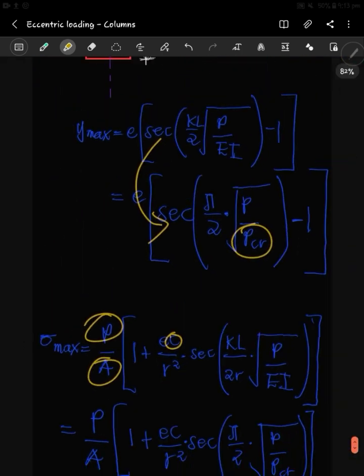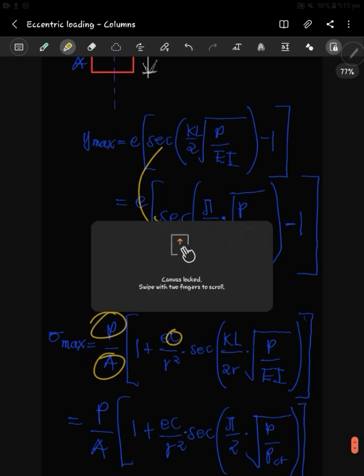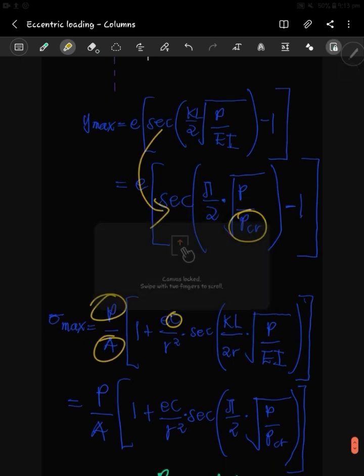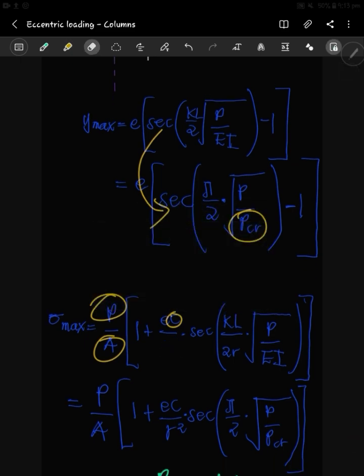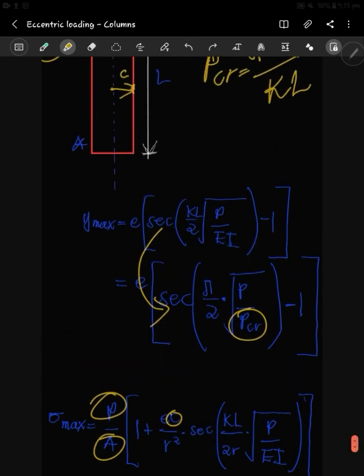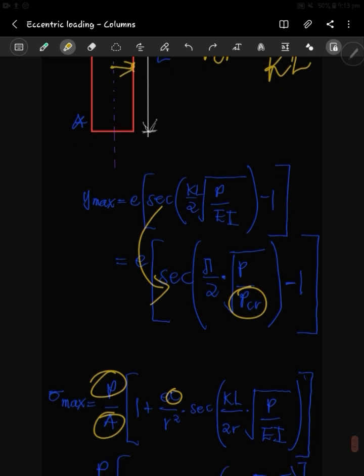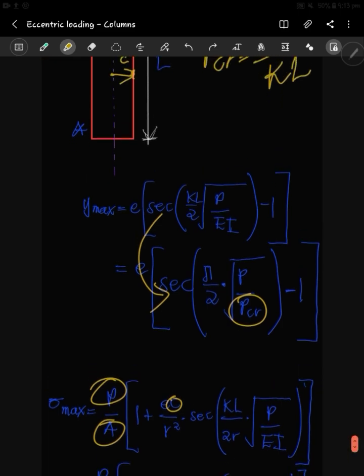And now we have a new term, R. This R depends on two sectional properties: R is the square root of the second moment of inertia over the cross-sectional area.